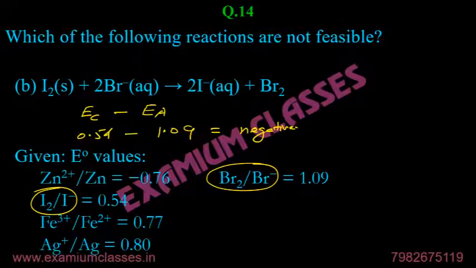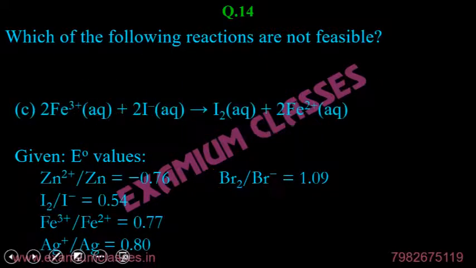Okay, Shashwat. Okay, now correct, Shashwat. Good. So negative, that's why not feasible. Now the next one. Again, you need to tell me first and then I'll explain. Find the reduction half, oxidation half, reduction minus oxidation will give you the answer.